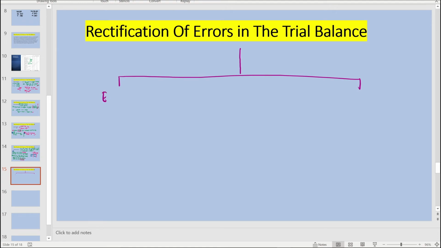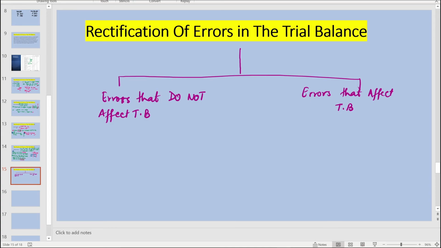So there are two types: errors that do not affect trial balance and errors that affect trial balance. Affect in the sense the totaling of it, right?